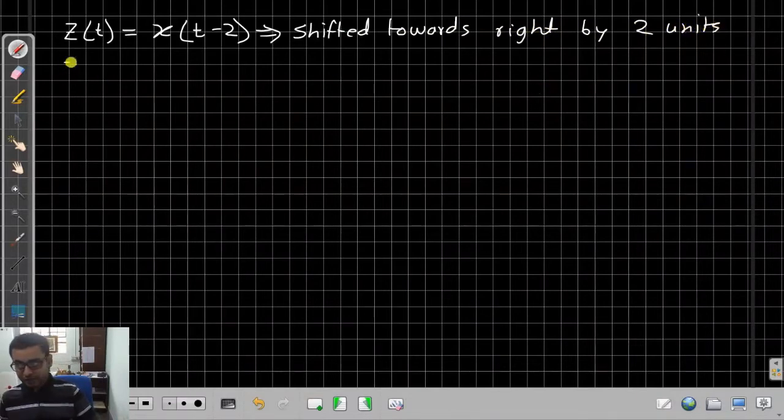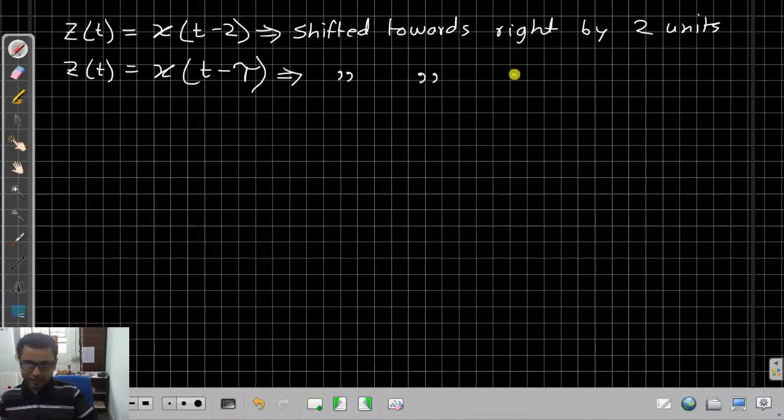If I define z(t) equals x of t minus some constant, call it tau, then that will be shifted towards the right by tau units of time.